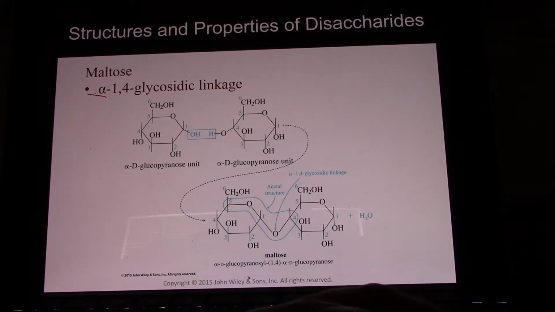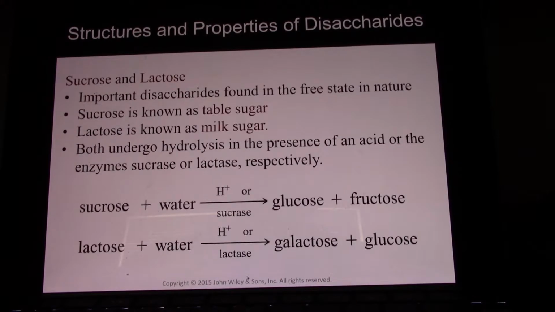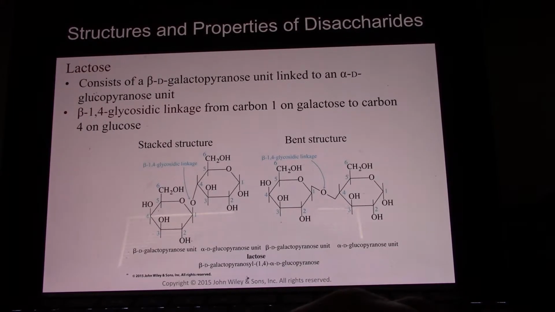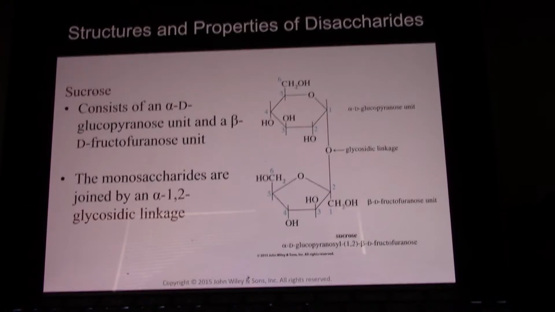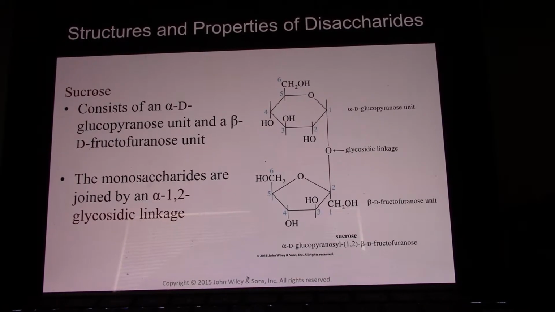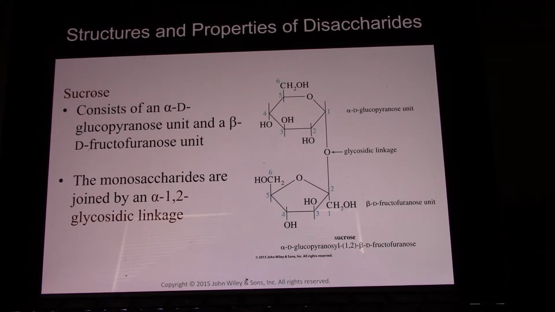You have an alpha bond. This one, they're both going down. Or we can have a beta bond, where one's going up and one's going down. So that's a beta linkage as opposed to an alpha linkage. Which is important because that's what's going to determine the difference between starch and cellulose. One has alpha linkage, one has beta linkage.